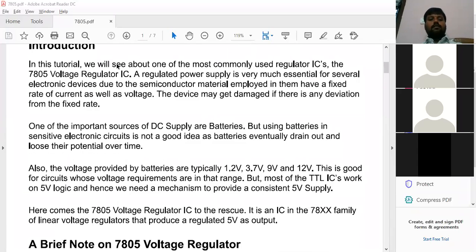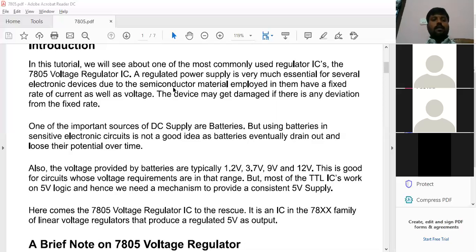In this we'll see about one of the most commonly used IC regulators.